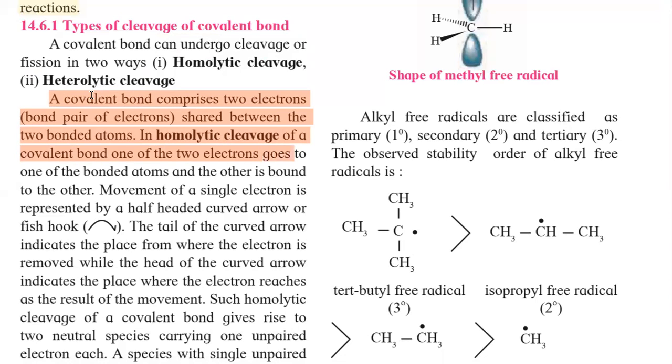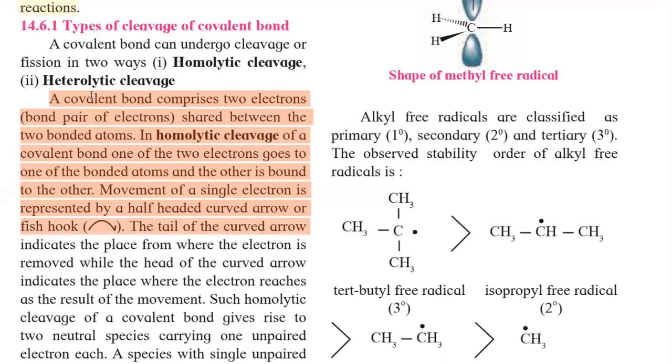These two electrons go, one to one of the bonded atoms and the other to the other atom, meaning one electron goes with each atom. This movement of a single electron is represented with a half-headed curved arrow, called a fish hook.